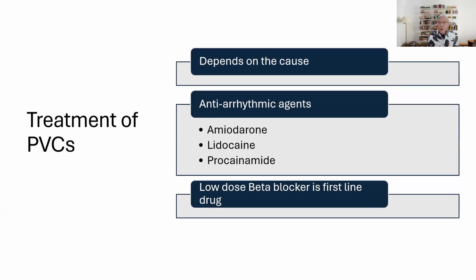Now, we treat them with anti-arrhythmic agents. So that would include amiodarone, lidocaine, as well as procainamide. A low-dose beta blocker also is going to be the first-line drug in most cases. So these are the interventions for the treatment of PVCs.